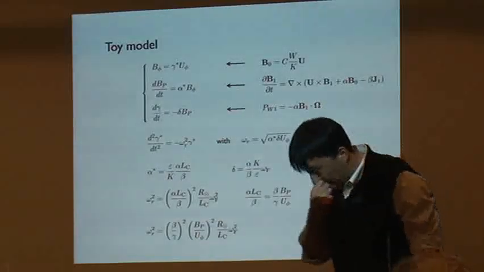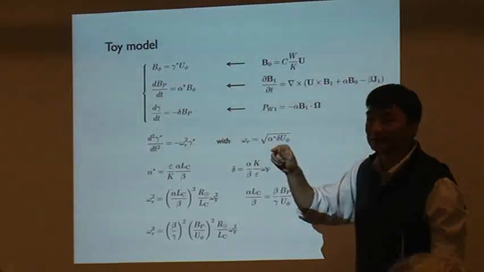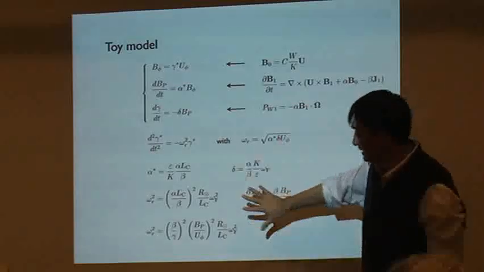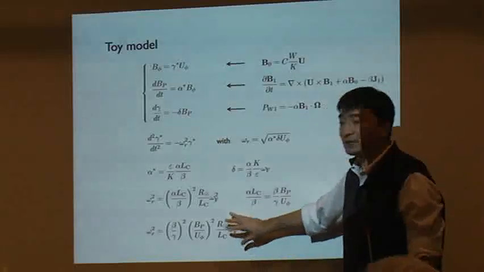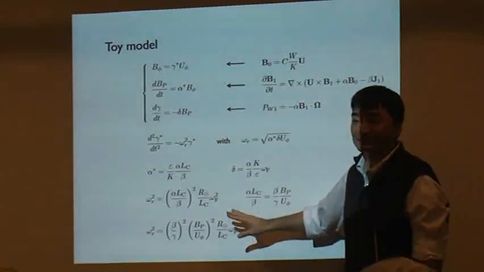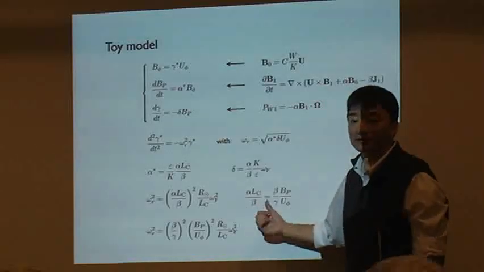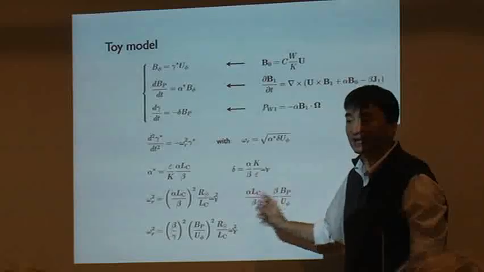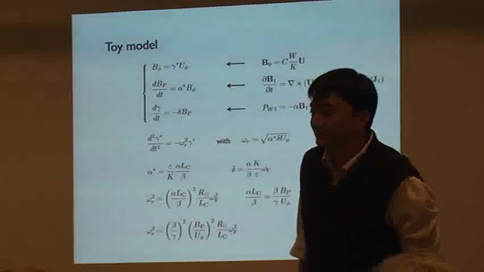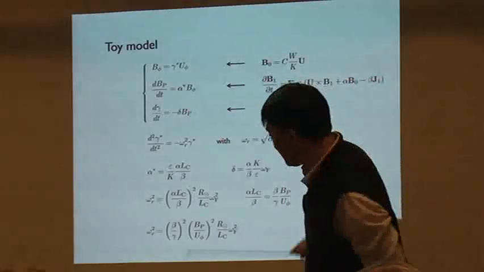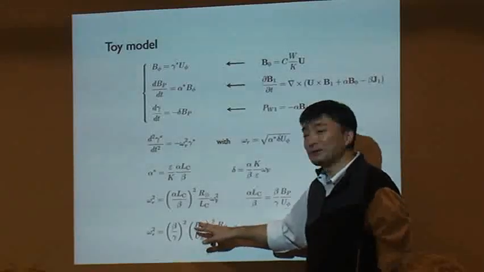Please refer to the ApJ paper. What we show is that this estimate is not inconsistent with the observation of 11 years, or of order 10.